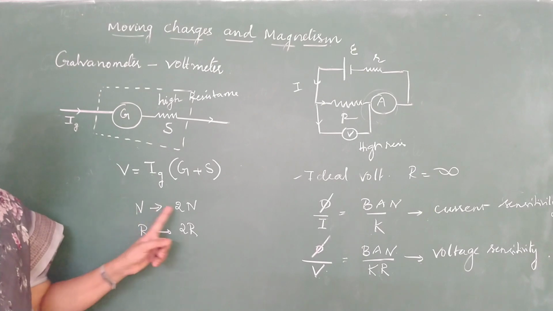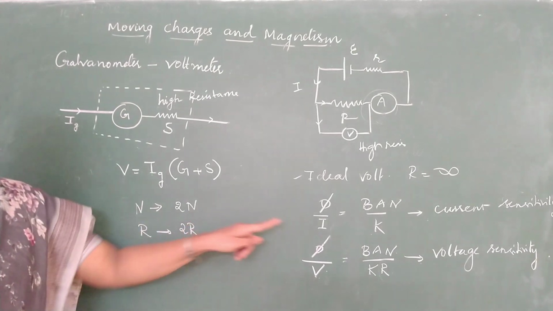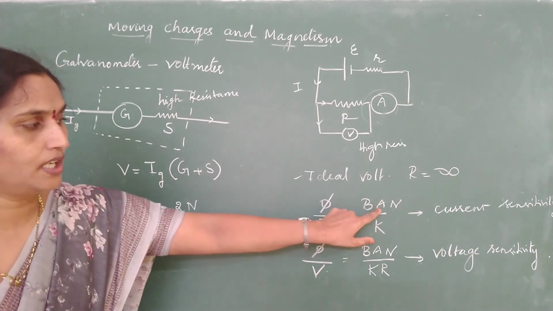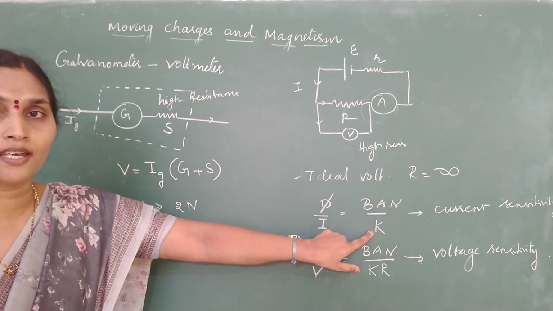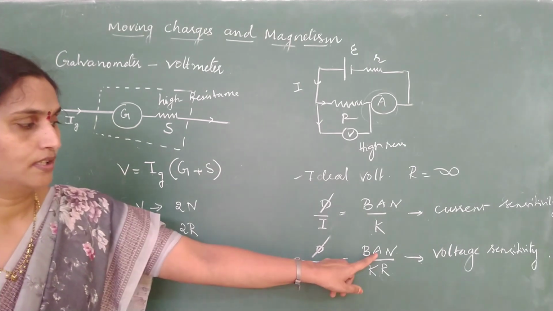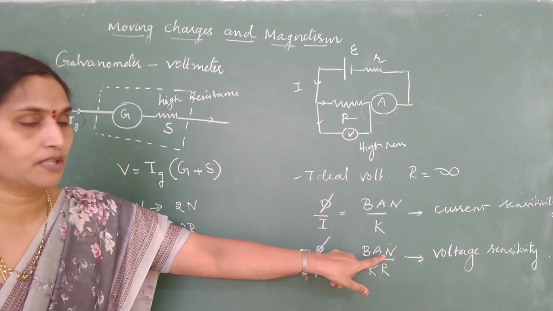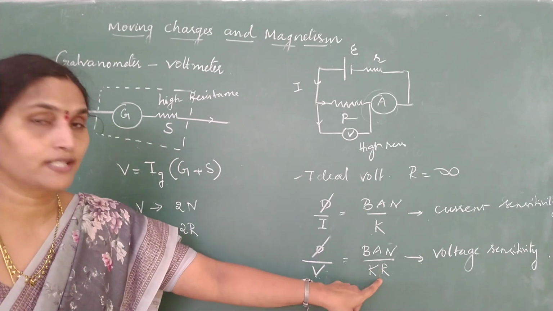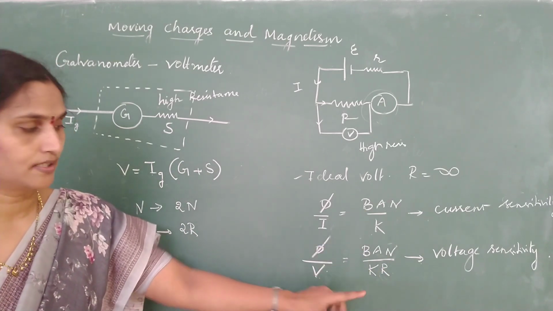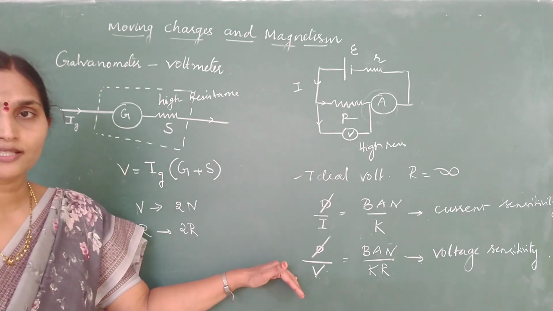Will there be an increase in current sensitivity? Yes, BA into 2N divided by K. But will there be any increase in voltage sensitivity? Check out. N has become 2N, R also has become 2R. The ratio between them will get cancelled. There is no change in voltage sensitivity.